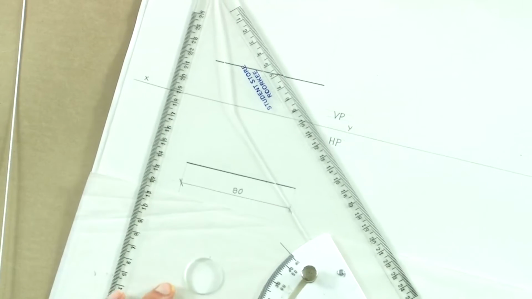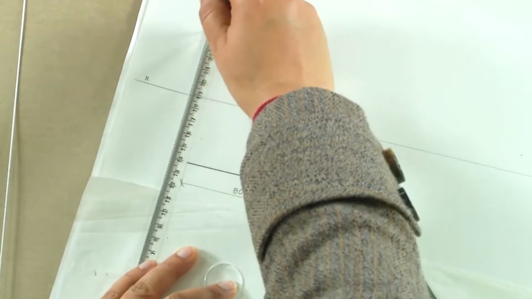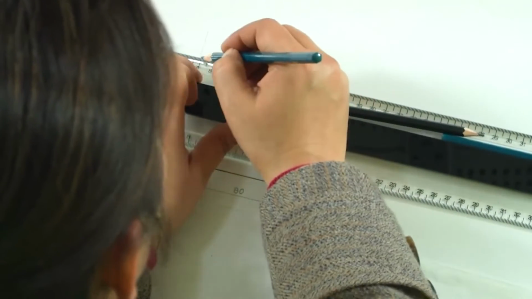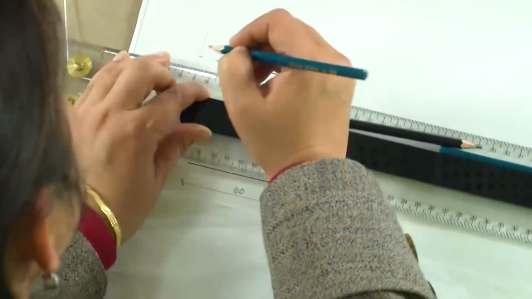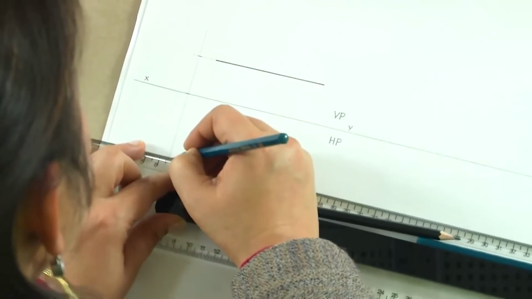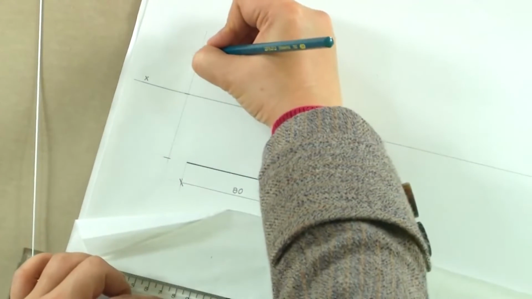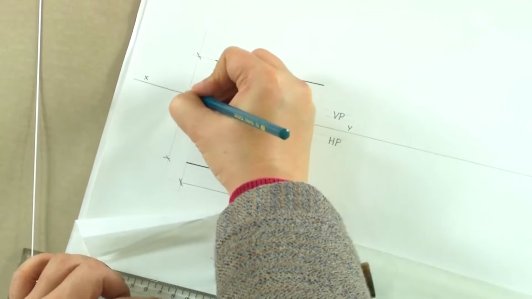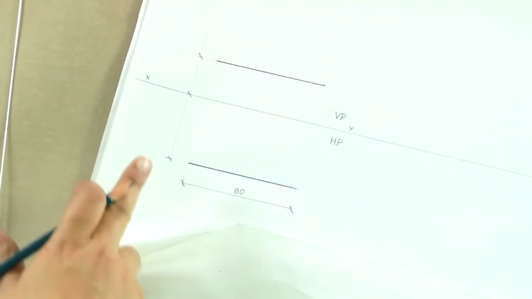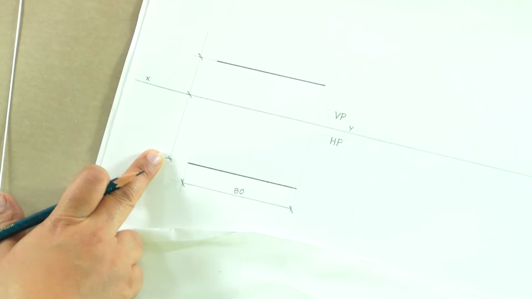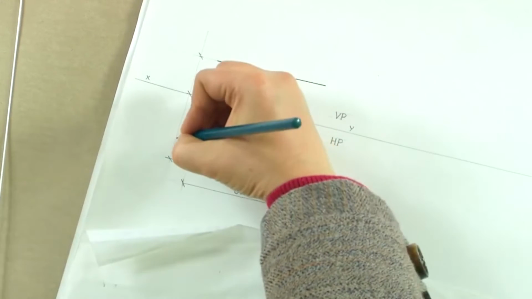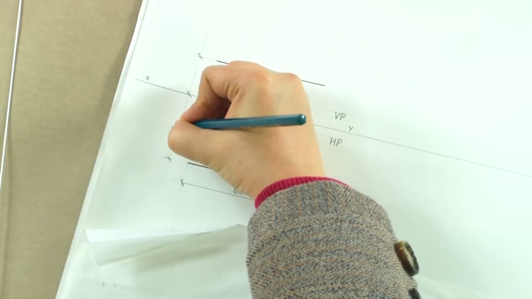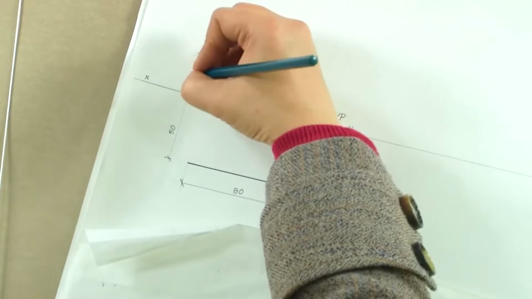So, we will now make the dimension line to the left, which will be mentioning the distance from VP and HP. Now, the distance from VP is 50 mm and the distance from HP is 30.